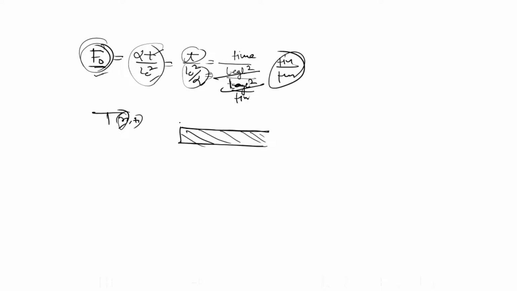So suppose at this point at x equal to 0, the temperature is found to be TB, let's say, and at x1 distance from the base, temperature is found to be Tx1 in time t1.